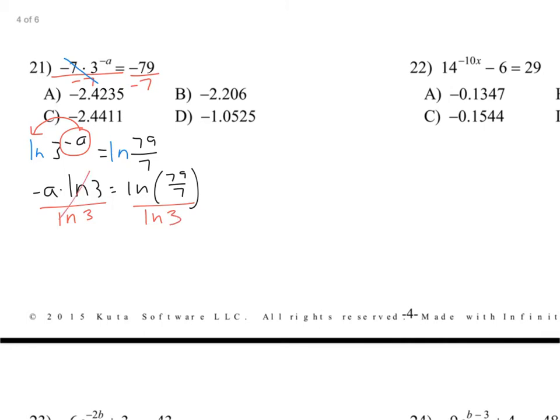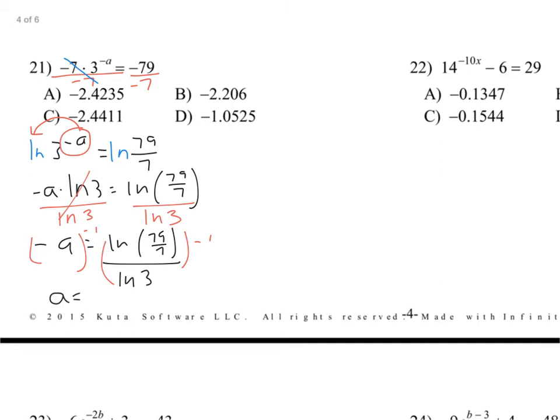That's going to cancel. I get -a equals ln of 79/7, also divided by ln of 3. And then I want to multiply both sides of the equation by -1, or divide by -1, same thing, really.